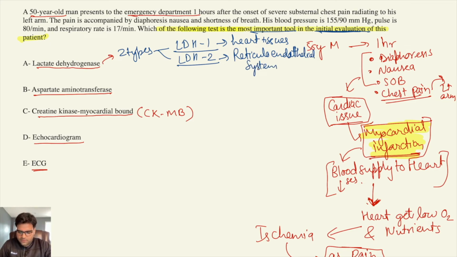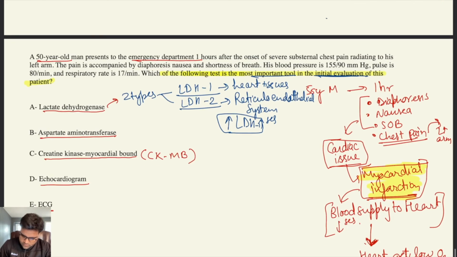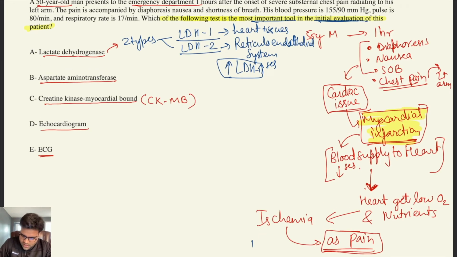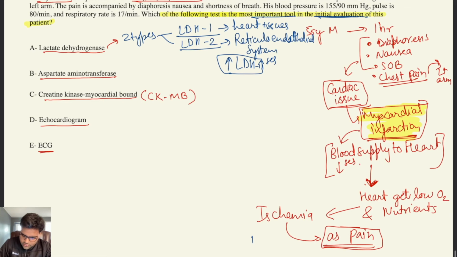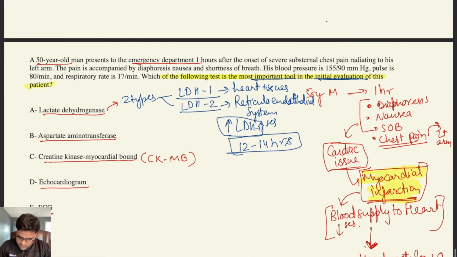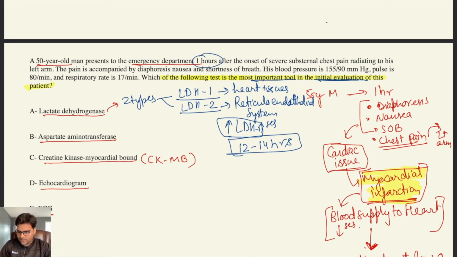So whenever we have a myocardial infarction or ischemia, LDH1 increases. The time at which this test increases is around 12 to 14 hours. So the person came to us with the complaint at 1 hour. At 1 hour we won't be seeing any LDH increase. So this is not a correct answer.